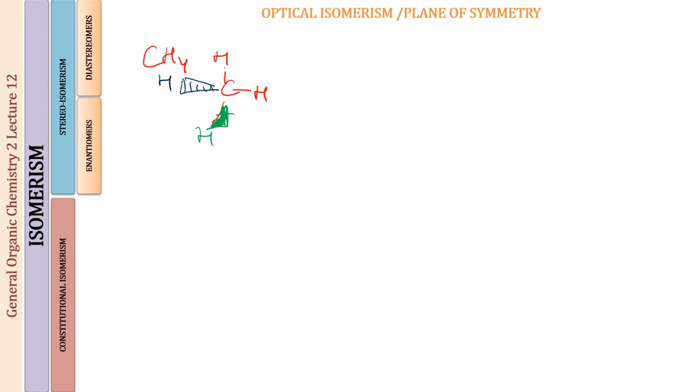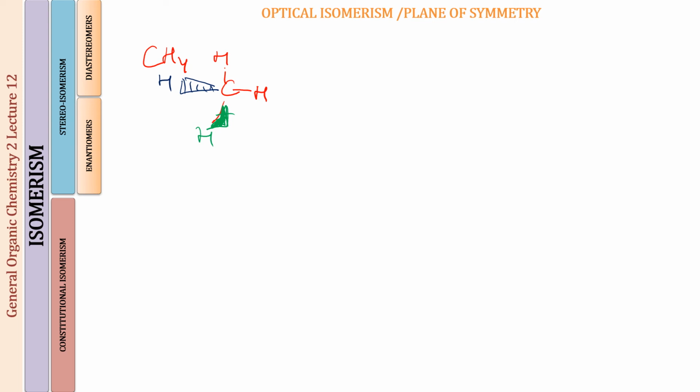Now the red ones, they are on the plane of paper. You are going to insert a playing card. I think now you can just imagine with that playing card, that is a plane. So you are going to insert a plane, you are going to insert a mirror, and you are going to cut the carbon and the two hydrogens which are on the one plane into two halves.